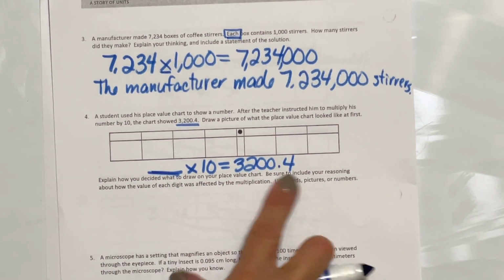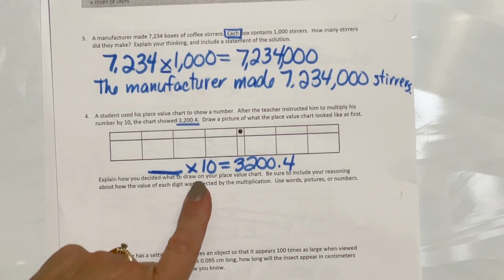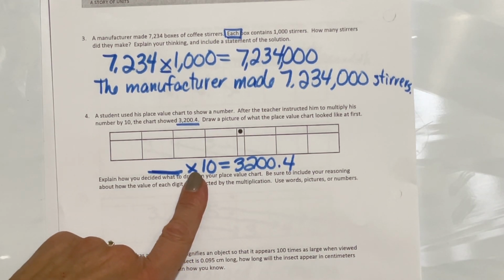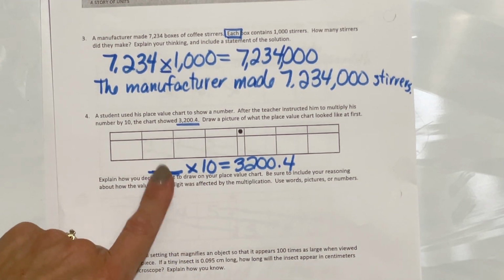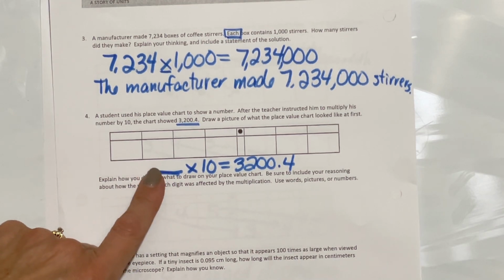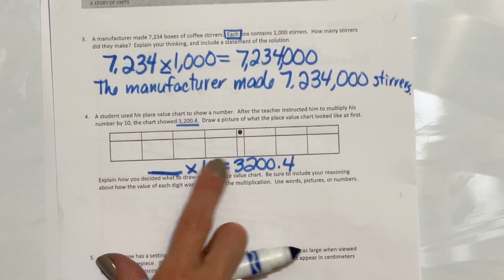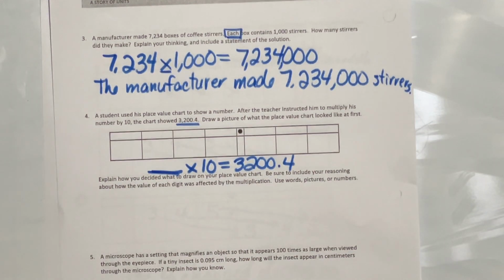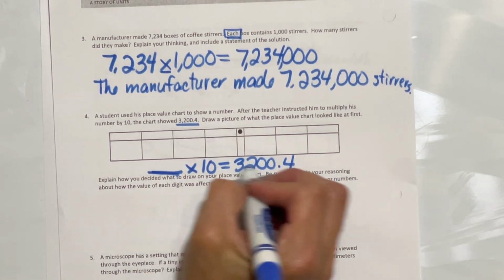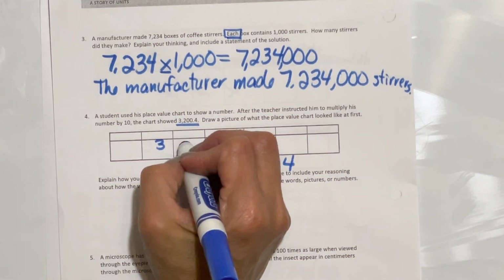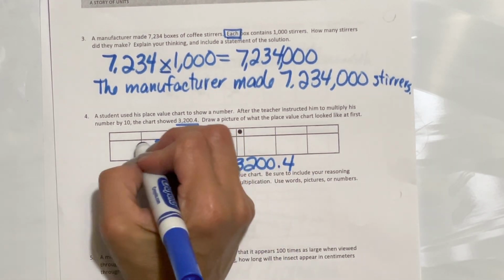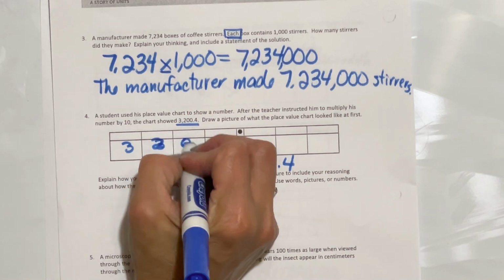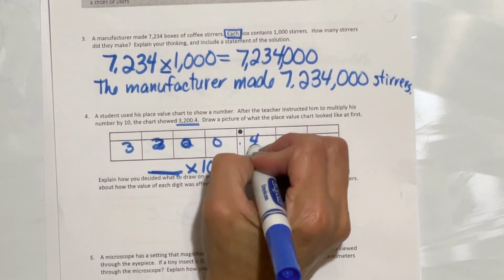So I know these numbers are going to be in there. When he multiplied times 10, is this number going to be bigger or smaller? Well, I know that when he's going from here to here, the number gets bigger. So if I go the opposite direction, what's going to happen to that number? Oh, it's going to get smaller, right? Okay, so let's put this new number right here. 3,204.